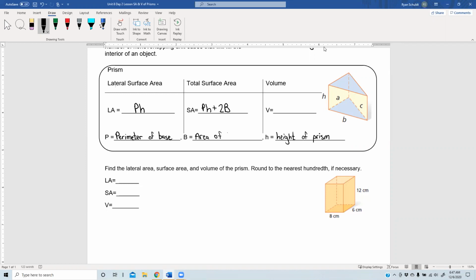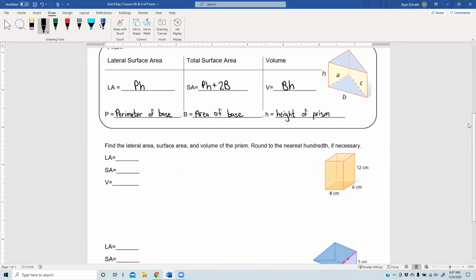There's two of them, so we say 2B. Volume is area of the base times the height of the prism. So those are our formulas.